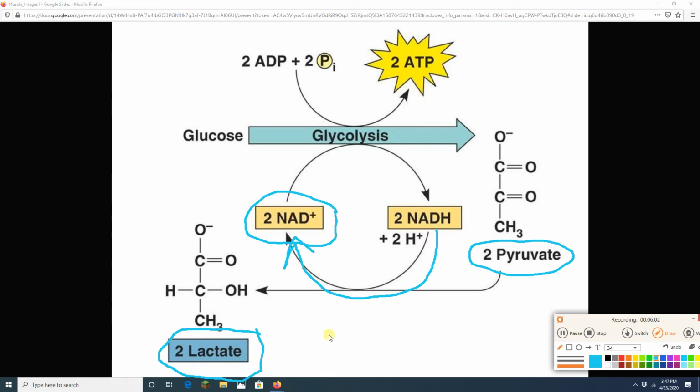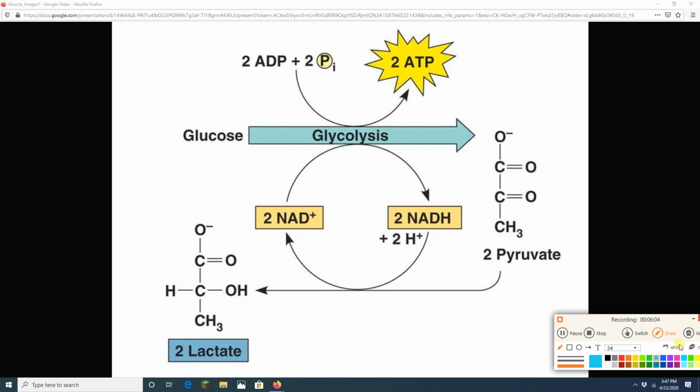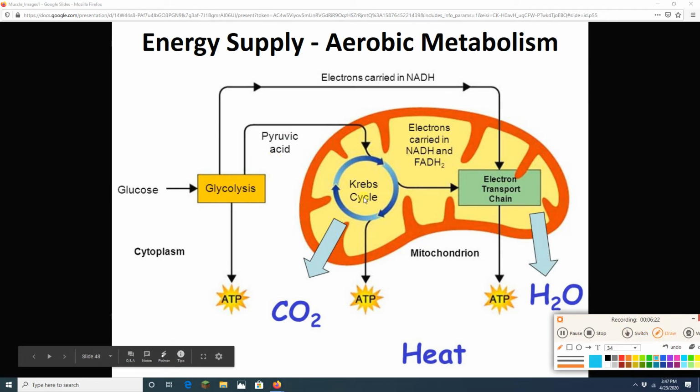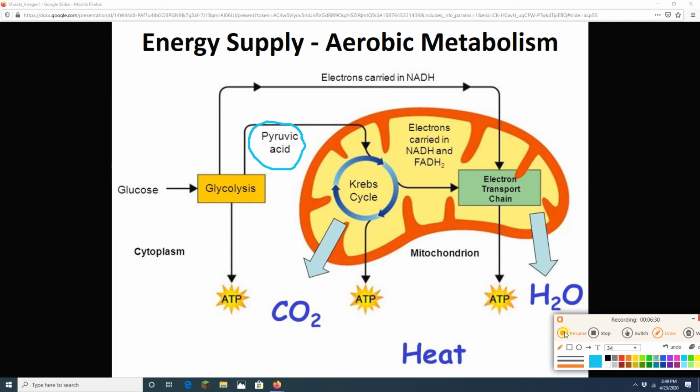All right. Wonderful. Let's talk about what happens when we add oxygen to the mix. Another thing that we can do, and this is the best thing ever, is instead of turning that pyruvate, which is pyruvic acid right here, into lactic acid, we can take that pyruvate and put it into the mitochondria.